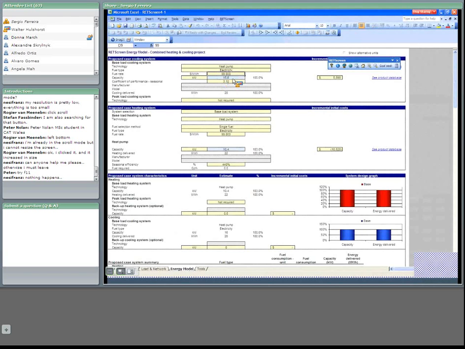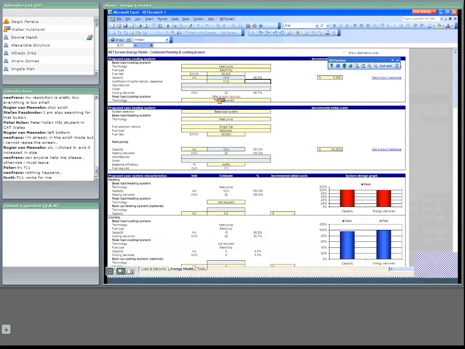So if I enter, for example, a 15 kilowatt pump, then I have a small message, peak system required, meaning that the capacity of my heat pump will answer not 100% of my needs, but as you can see here, 96.2% of my needs. So you have a very good indication whether your heat pump will be effective to answer your needs or not.